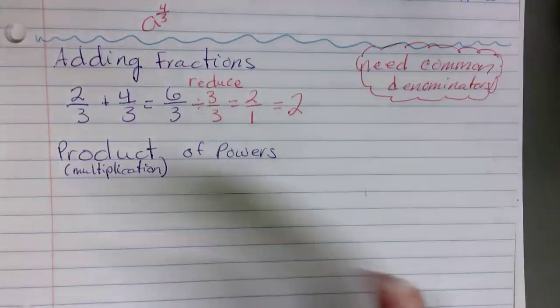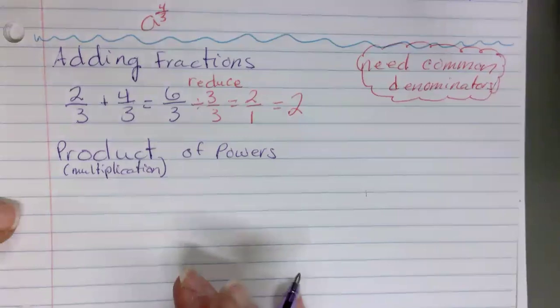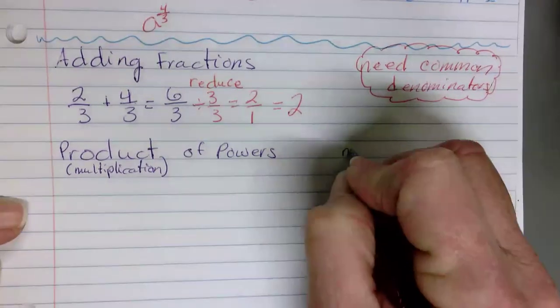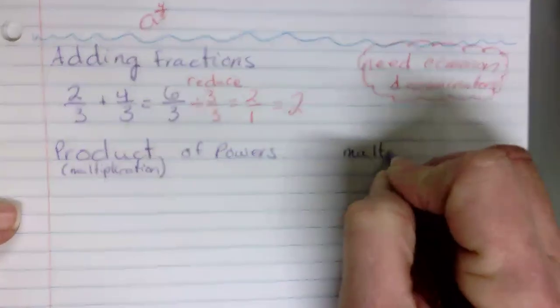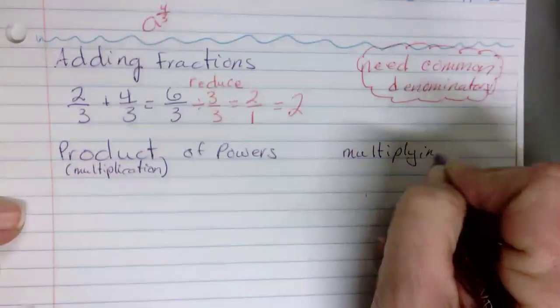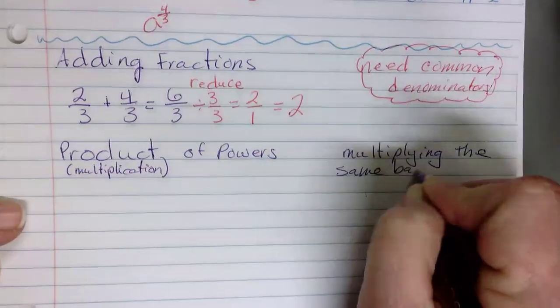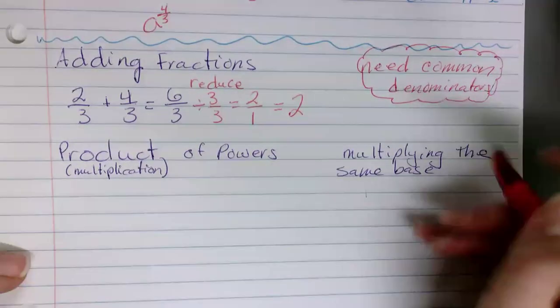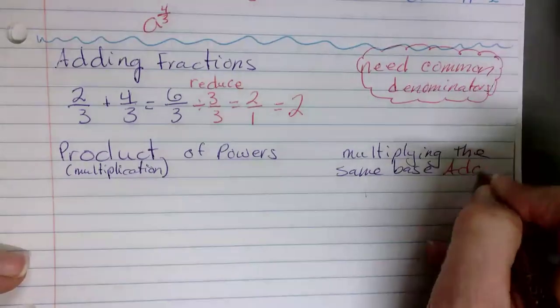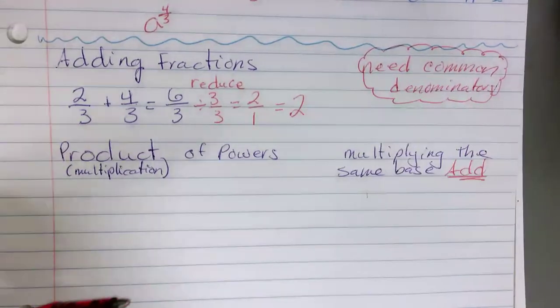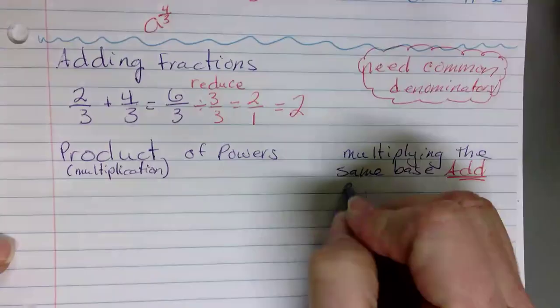So we've got the same base, right? So if you're multiplying the same base, we're going to write it in a different color, nice and big, add exponents.